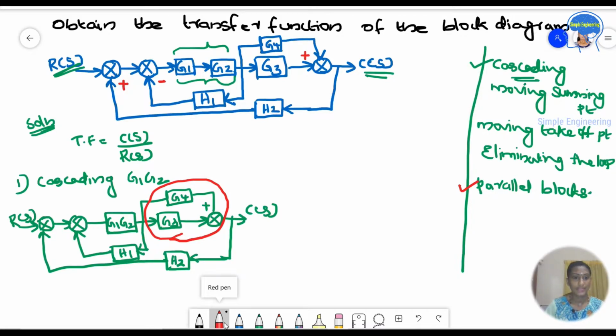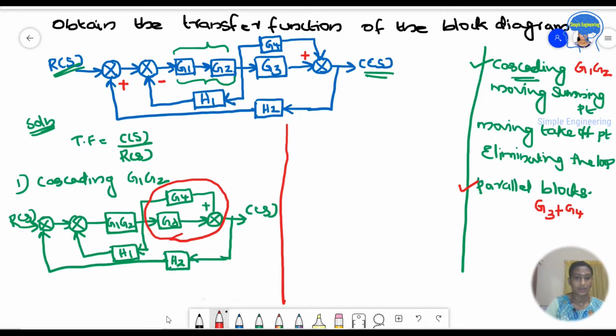G3 and G4 are parallel, so you combine them and write the diagram again. When two blocks are parallel, it will be G3 plus G4. In cascading it became G1 G2, so the first step is done. In the second step we apply parallel blocks, so it will become G3 plus G4.